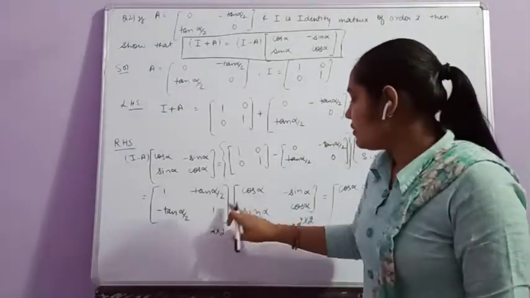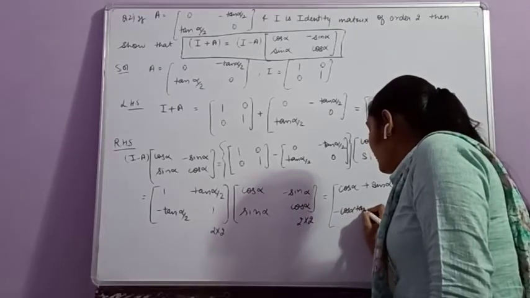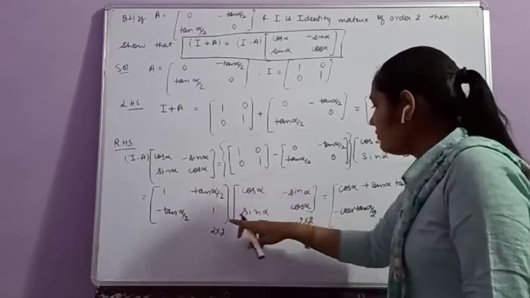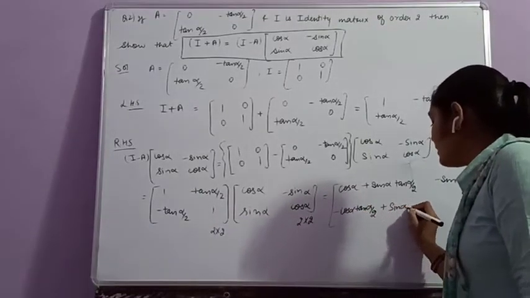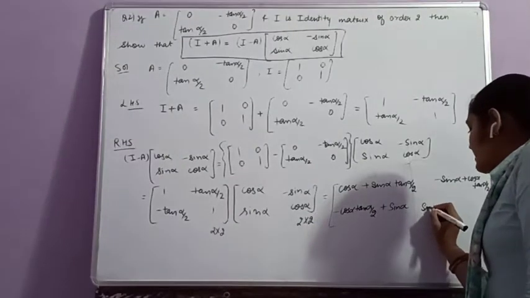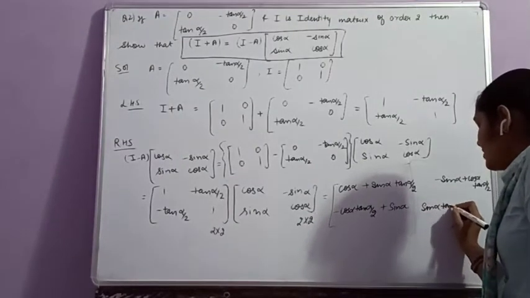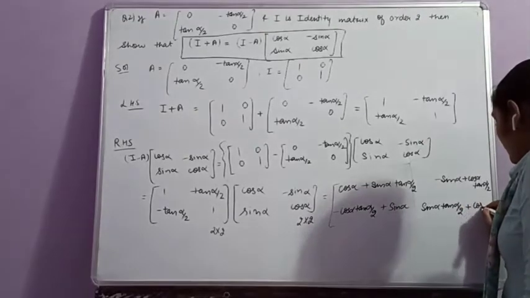Next, second row with first column: minus cos alpha into tangent alpha by 2 plus sin alpha. Second row with second column: minus minus plus sin alpha into tangent alpha by 2 plus cos alpha.